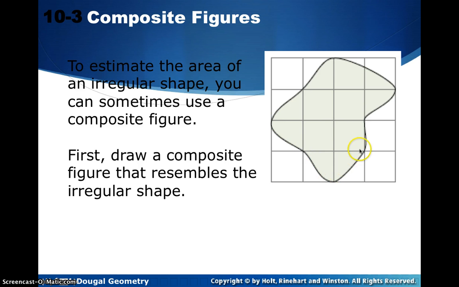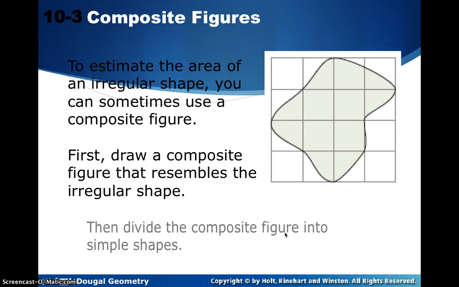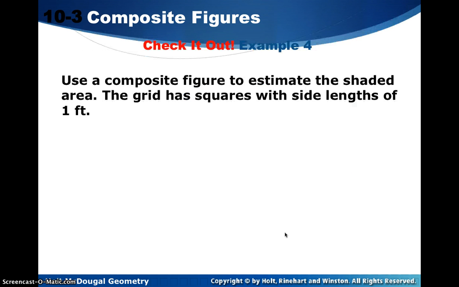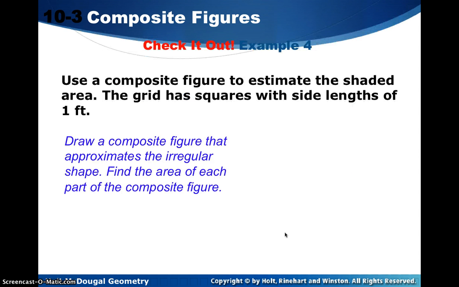Then we could have one square here and a triangle here if we wanted to do that. So you can just break it down however you'd like, and then find the area of each individual shape that you've made and add them together. So you're going to divide the composite figure into simple shapes. Let's see if we can do that with this shape.